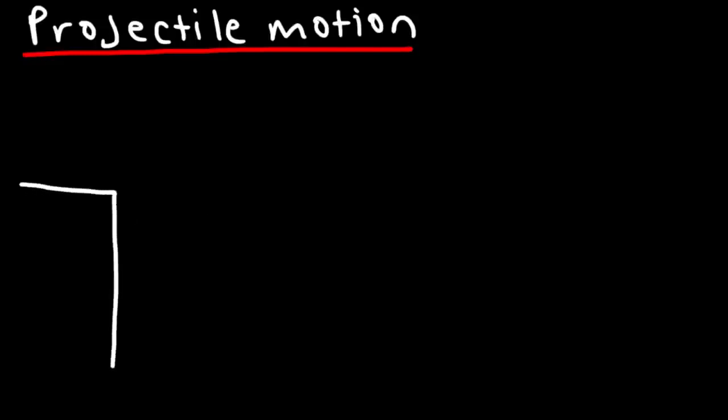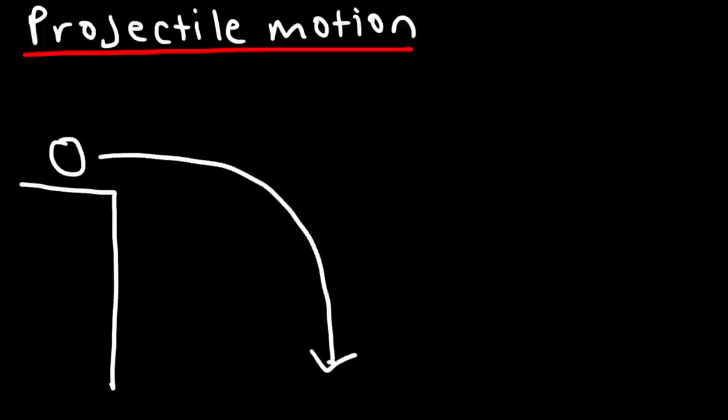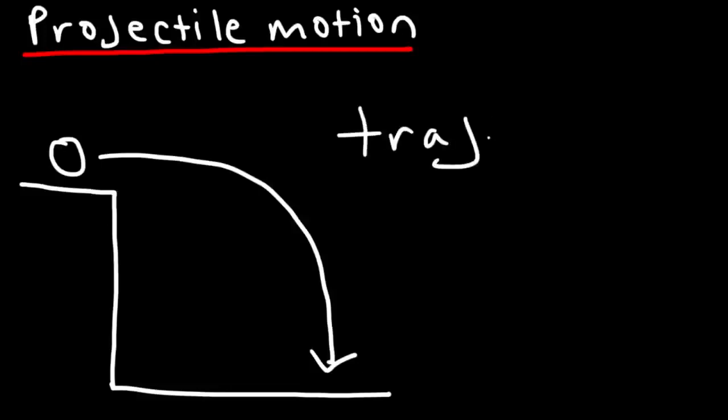So one example that you'll see is a ball being kicked off a cliff or rolling off a cliff. Initially, it's moving in the x direction and then it falls down like this. And so the path that the ball travels is known as the trajectory. Hopefully I said that right, trajectory.